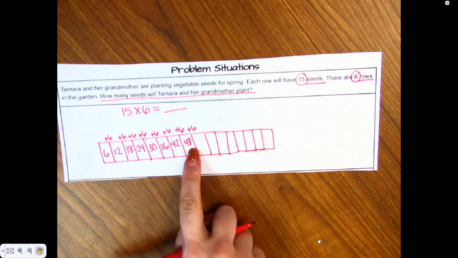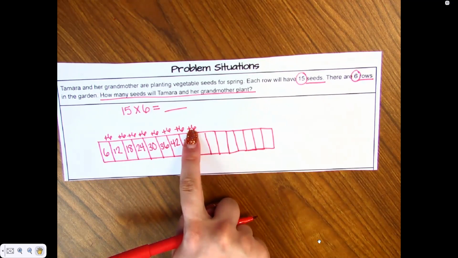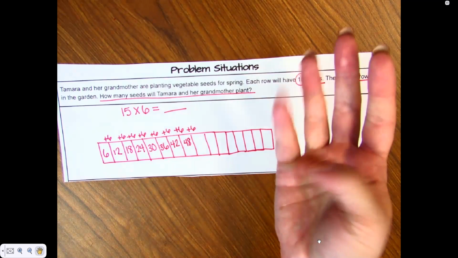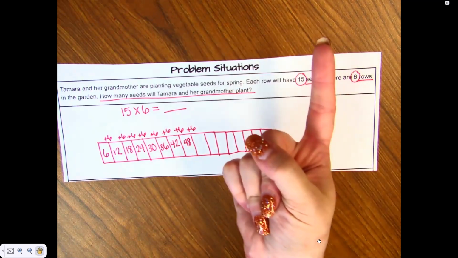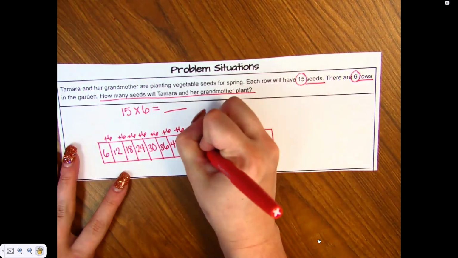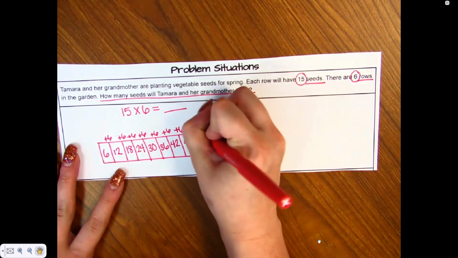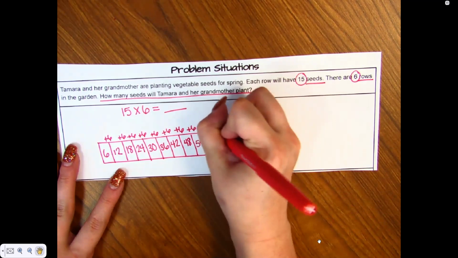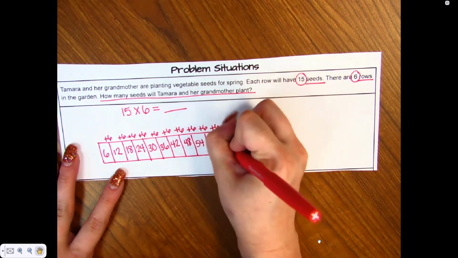If I don't know what 48 plus 6 is, I can count: 48, 49, 50, 51, 52, 53, 54. So don't think you're stuck if you don't know what the next 6 is.